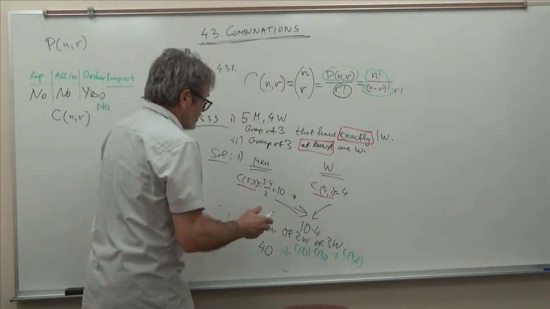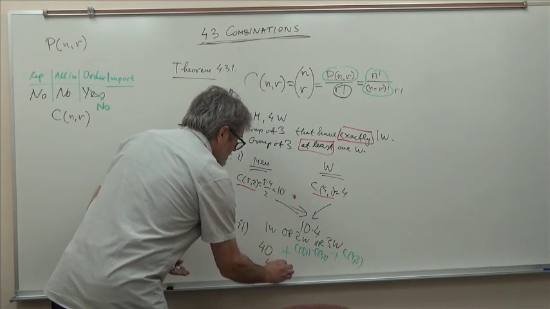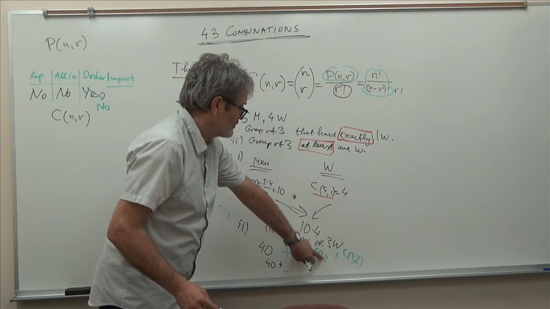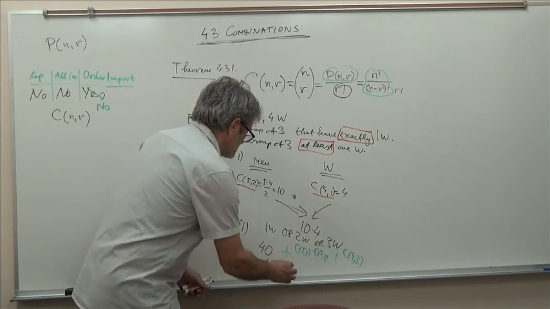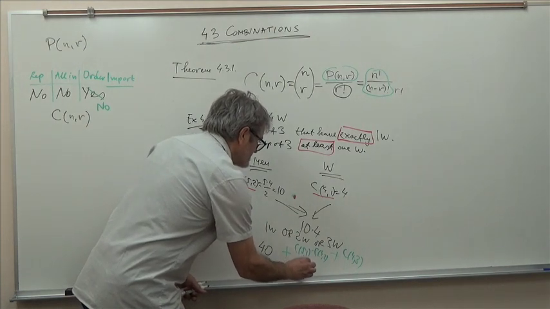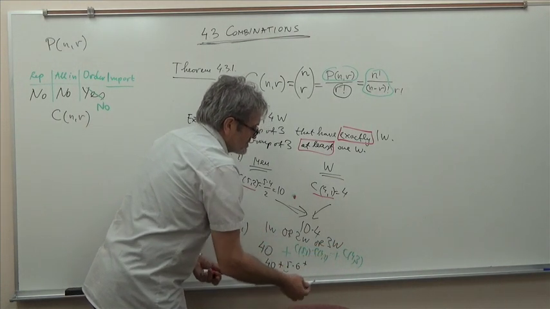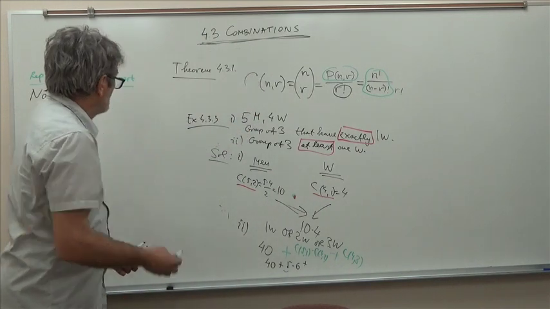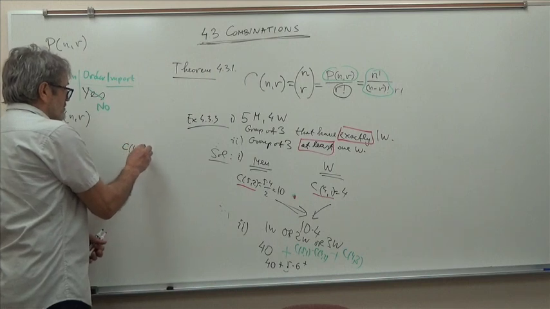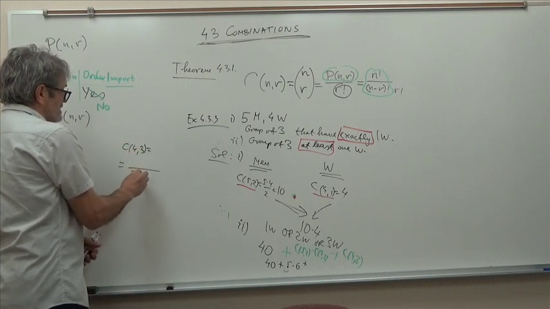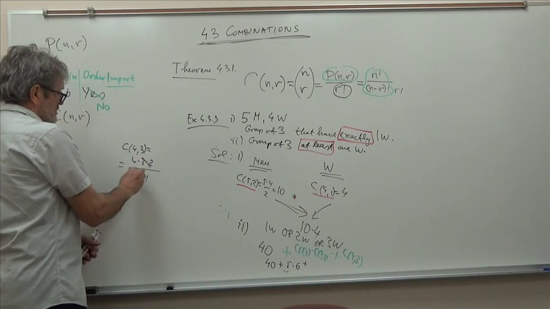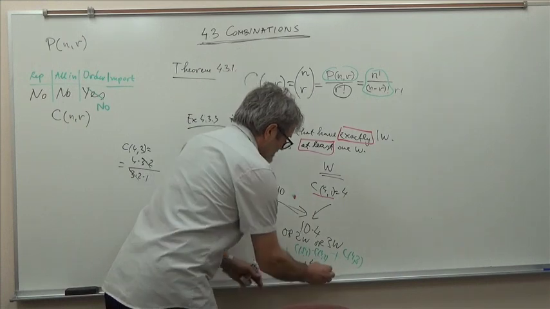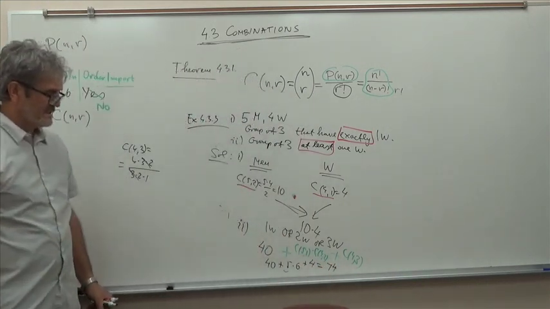And then just calculation. 40 plus 5 times 6, because 4 choose 2 is 4 times 3 over 2, which is 6. 4 choose 3 is just, among 4 women, I choose 3. Okay, let me do C(4,3). We'll see a quick way to calculate this, but right now we are not ready for that yet. 4 times 3 times 2, when it cancels, it's just 4. So altogether 40, 30, 70, 74. Here it is. That's the answer.